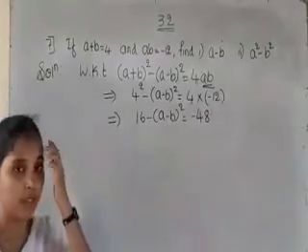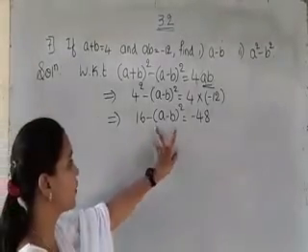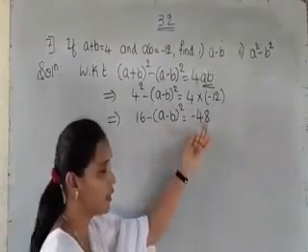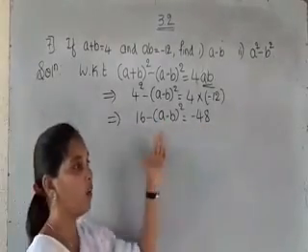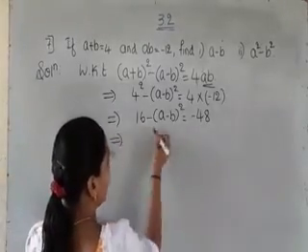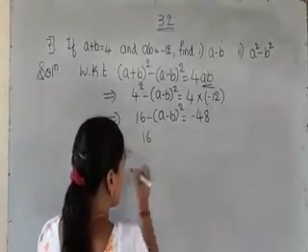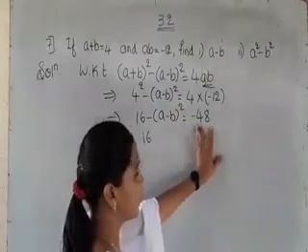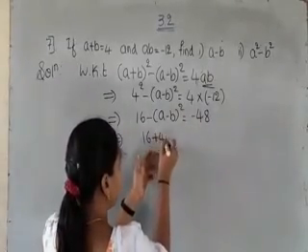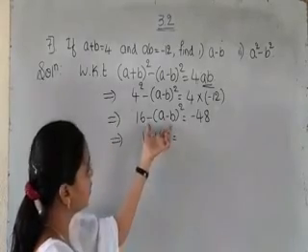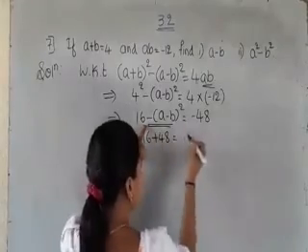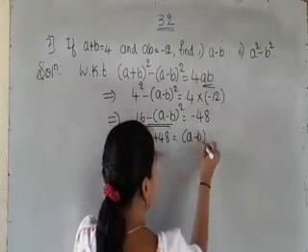So we have to find the (a minus b) whole square. While finding, we have to shift all the constant terms to one side. Here I am writing 16 as it is, and I am bringing this minus 48 to this side. Then we will get plus 48 is equal to, if we shift this minus term, it will become plus (a minus b) whole square.